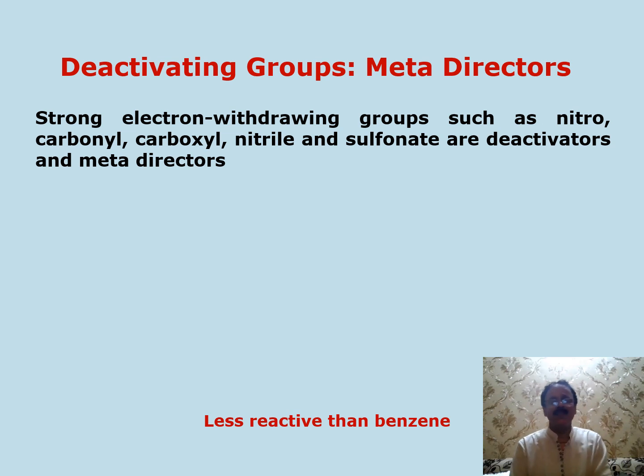Whereas deactivating groups, all the deactivating groups, whether they are nitro groups, carbonyl groups, leaving the halides aside, carboxyl groups, nitriles, sulfonates, they deactivate the benzene ring towards the electrophilic substitution reaction. And all these deactivating groups, with the exception of halogens, are meta directors. They direct the second substituent to occupy the meta position.